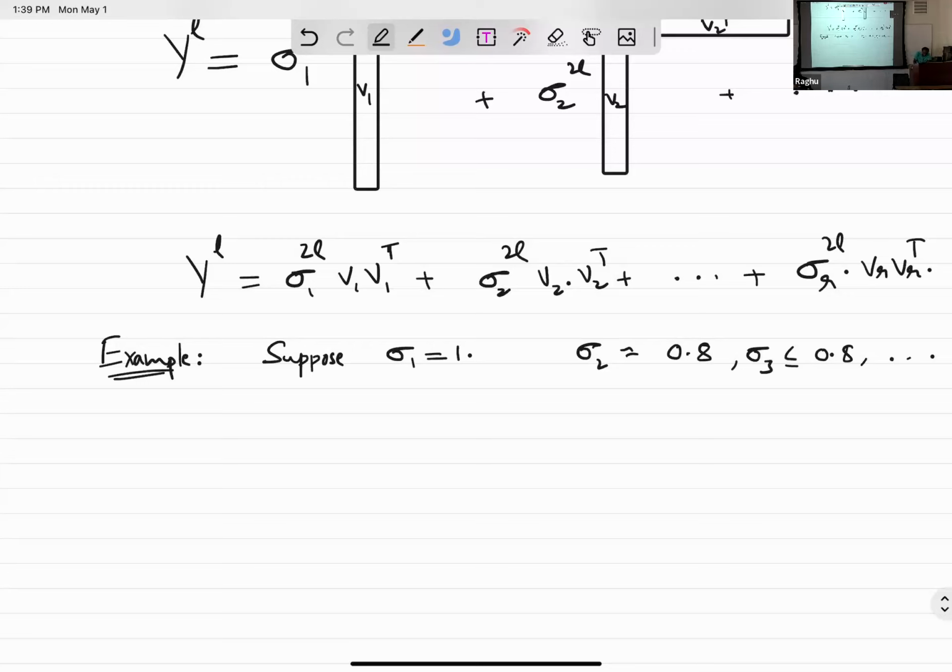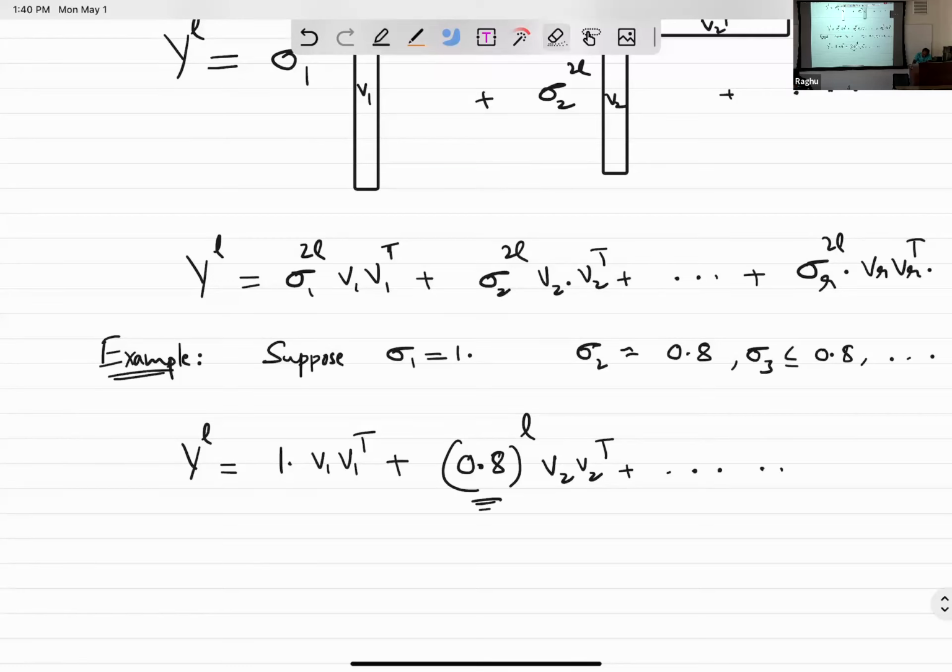So Y to the L is something like 1 times V1 V1 transpose plus 0.8 raised to the power L times V2 V2 transpose, plus some other stuff where the numbers in front are all rapidly going to 0. As you increase L, all of these go to 0, whereas this one is standing out.